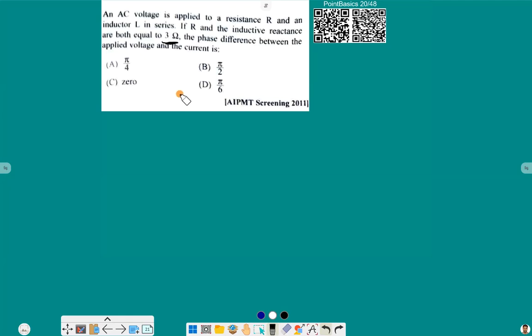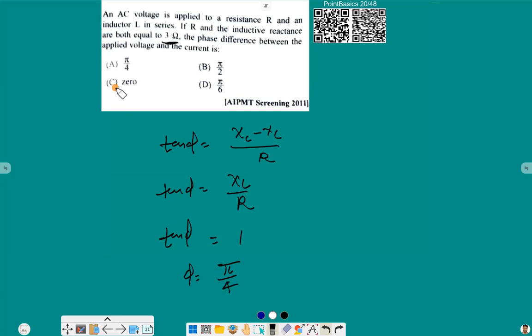The phase difference is given by tangent phi, which is XC minus XL divided by R. Here we don't have a capacitor, so it will be equal to XL by R. The inductive reactance is 3 and the resistance is also 3. So 3 by 3 is 1. So tangent phi is 1, or we can say phi will be 45 degrees or pi by 4 radian. That is option A for us.